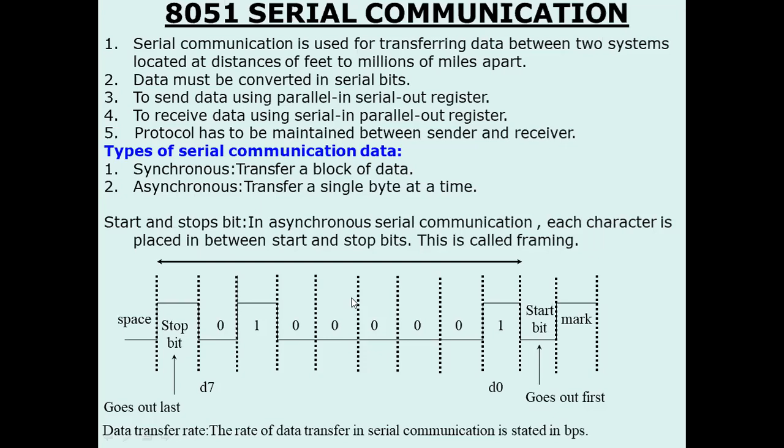There are two types of serial communication, synchronous and asynchronous. Synchronous is the transfer of a block of data, and asynchronous transfers a single byte at a time.